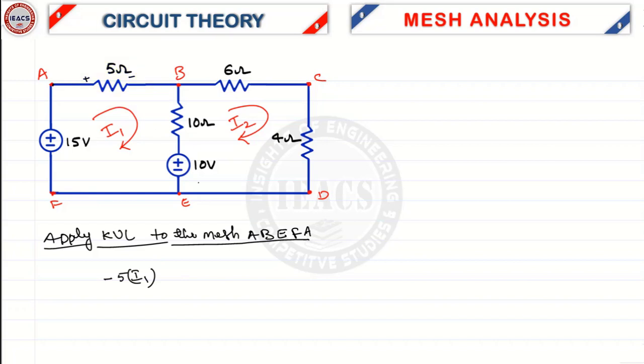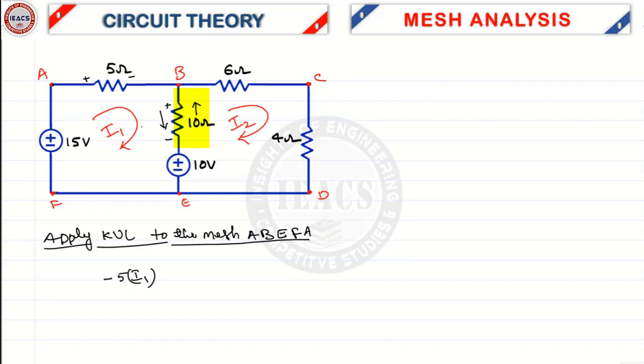Now from B to E there are 2 elements. One is a resistor, but in this resistor there are 2 currents flowing. Mesh current I1 is flowing in this direction, and mesh current I2 is flowing in this direction. So according to mesh current I1, this terminal will be at higher potential and this terminal will be at lower potential. But this current I2 is also flowing in the same resistor.